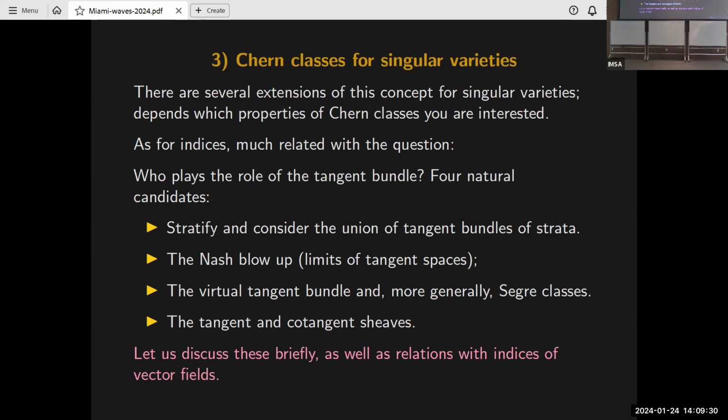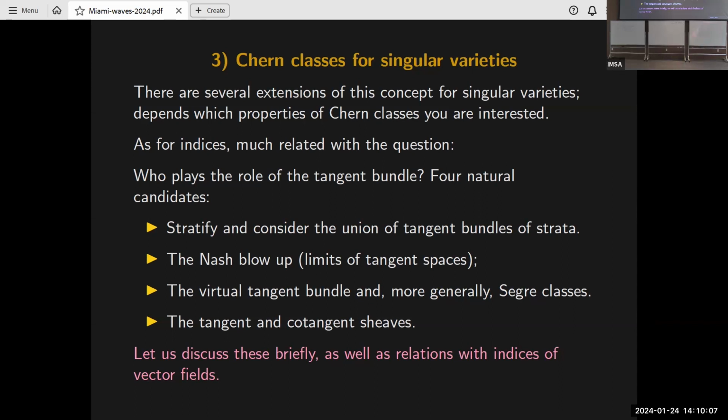Okay. So one way is to stratify the space. That means just use a partition where each stratum is a smooth manifold with classes of tangent bundles, and the different strata are in general position. And you take the union of the tangent bundles to the strata, you can take the Nash bundle, or for complete intersections you can take the virtual tangent bundle.